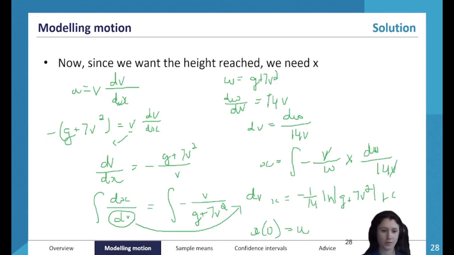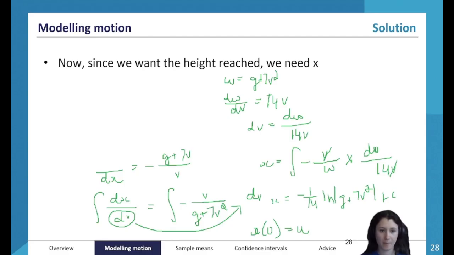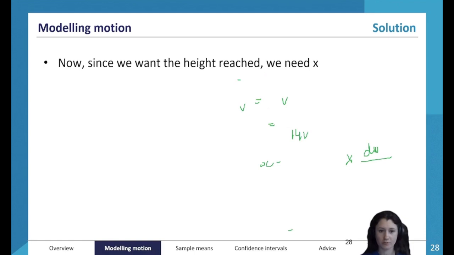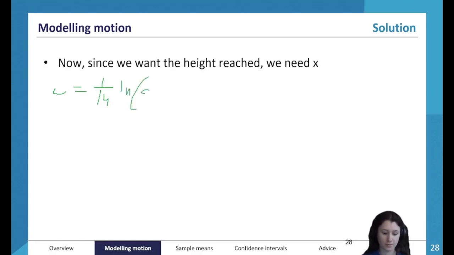So, let's just continue on from here, and I'll actually have to erase a little bit of this because we only have one slide, fortunately. So, given that initial condition, we know that C is therefore going to be equal to 1/14 ln g plus 7u squared.